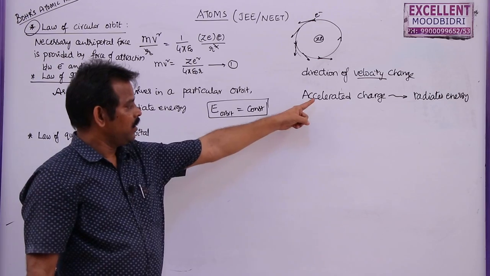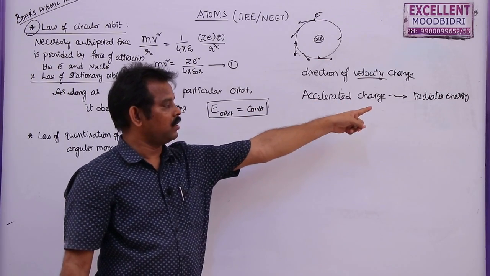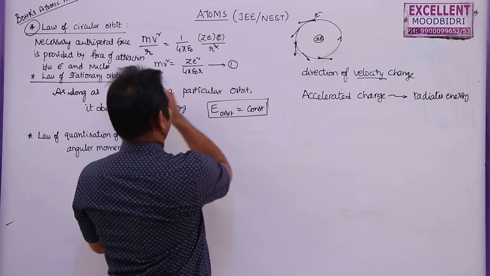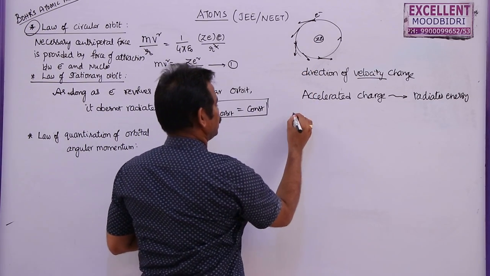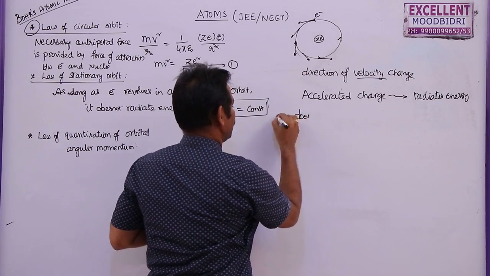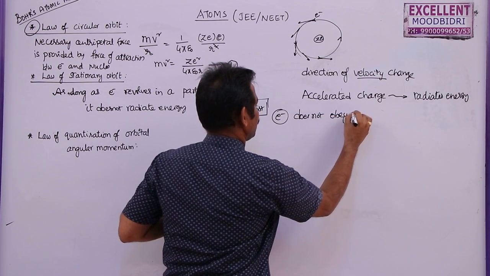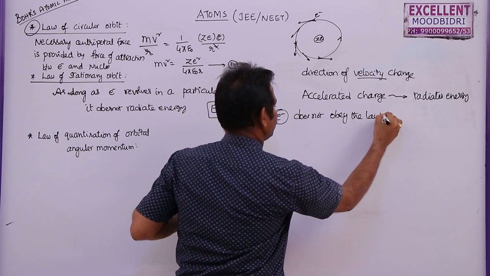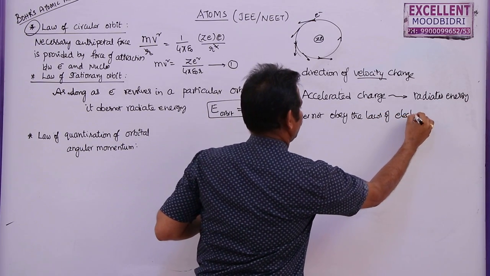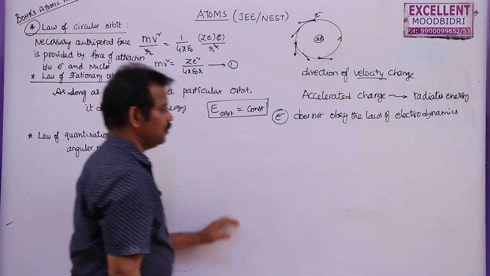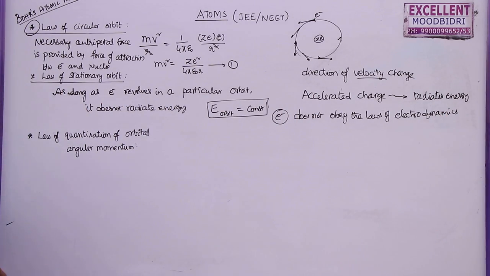But here, the accelerated charge is not radiating energy. That means this electron revolving in a particular orbit does not obey the laws of electrodynamics that we studied in the first part of our second year PUC syllabus.